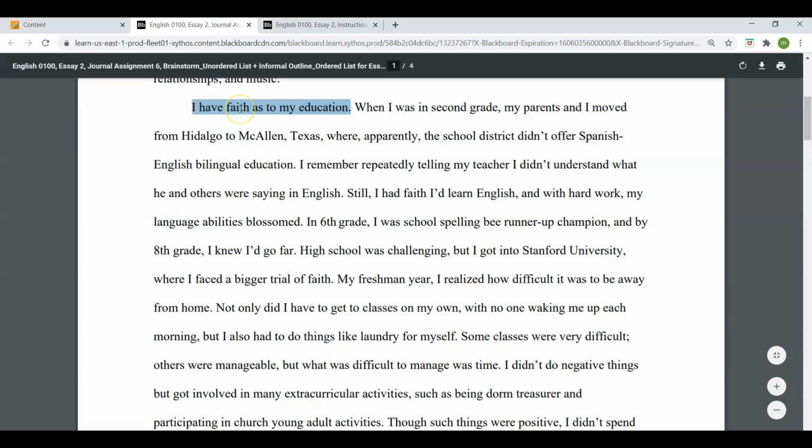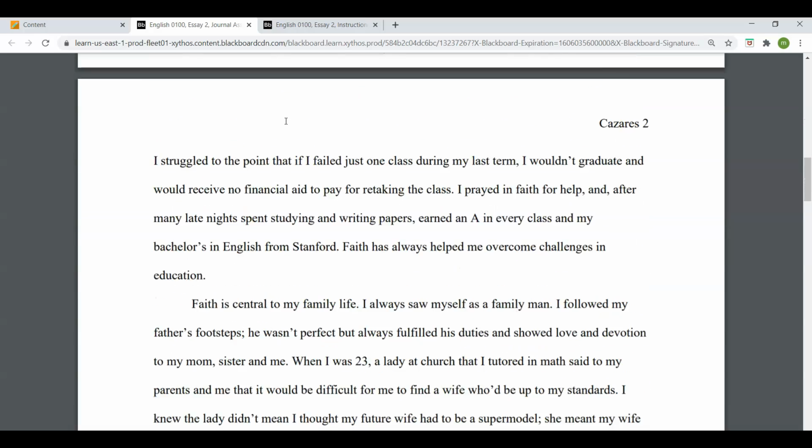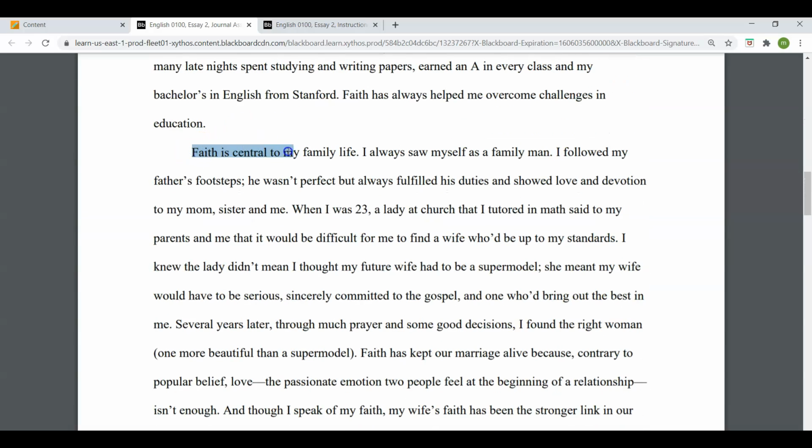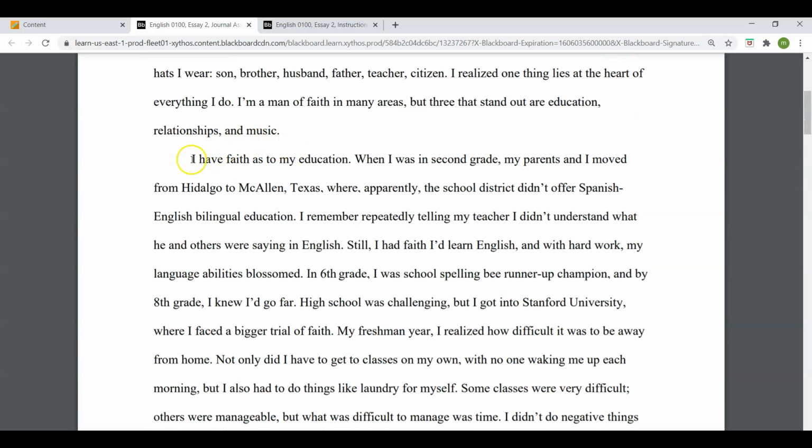My sentence isn't just "faith," period, right? It doesn't say that. It has to be a complete sentence, but short, all right? Let me emphasize that point by showing you the next one. Faith is central to my family life. And the first one was, I have faith as to my education. So faith, but in the area of education, but it's all about faith, right?